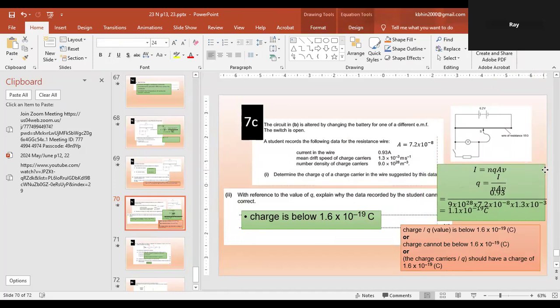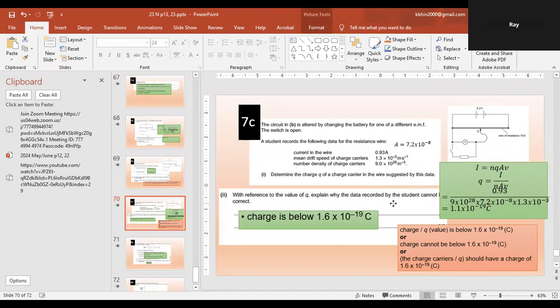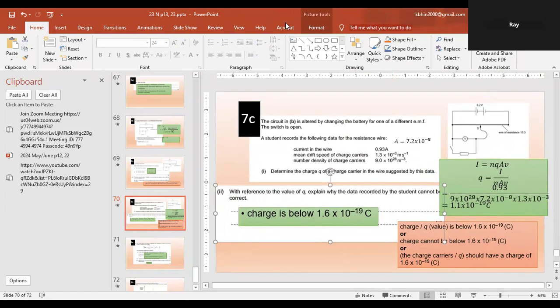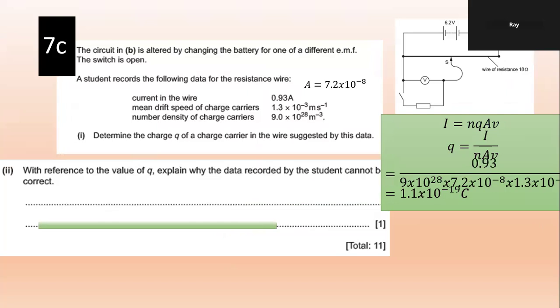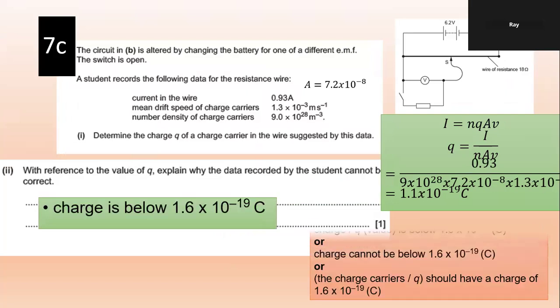So something is wrong with the calculation or something is wrong with the question. But that's the reason they want you to know charge is quantized. Right? Or other reasons, they accept different answers.